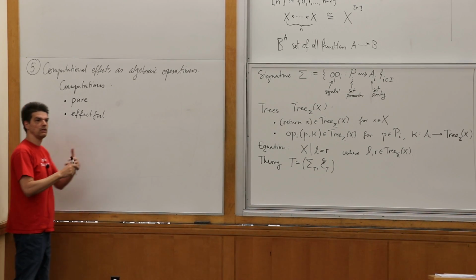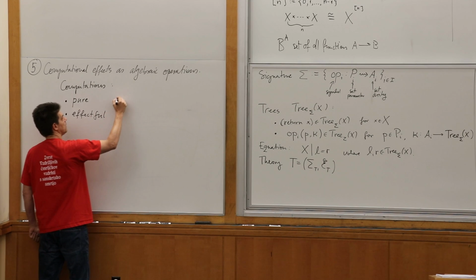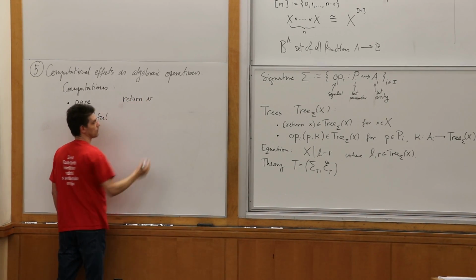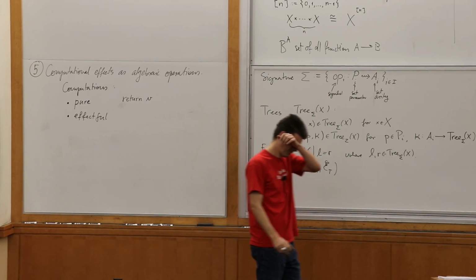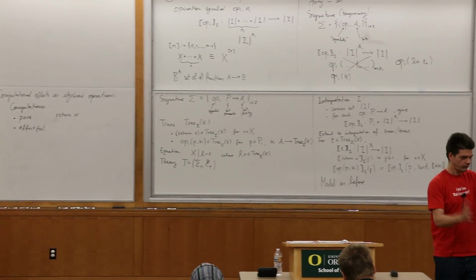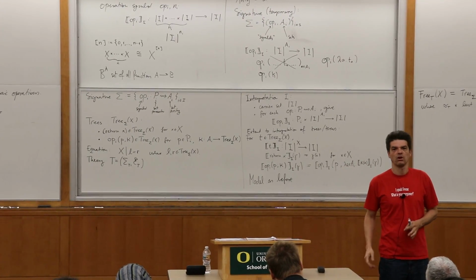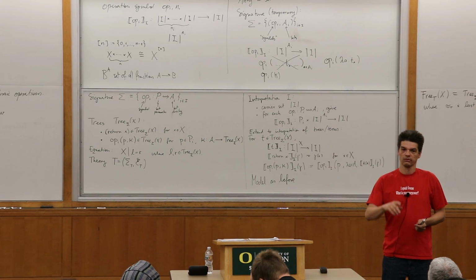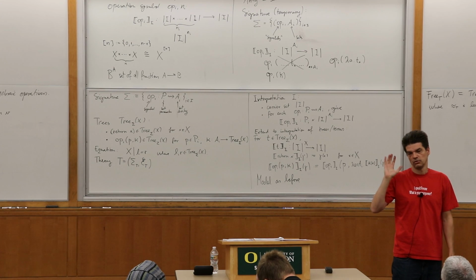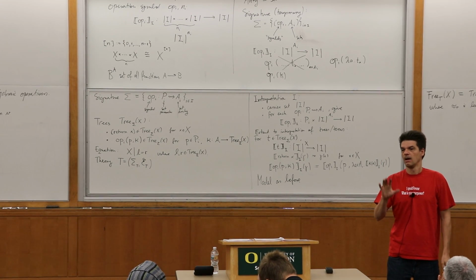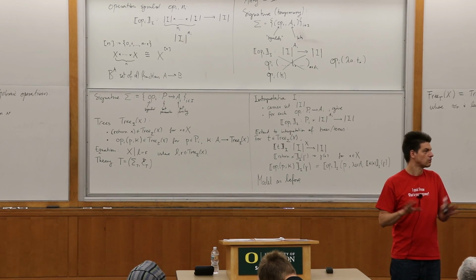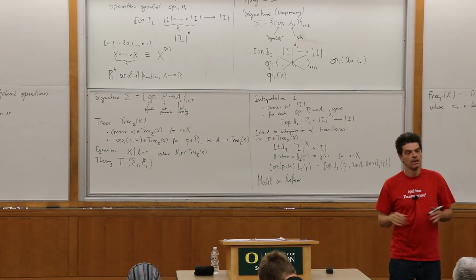And the canonical example of such a thing, we can write it like this: return V. Because if it's not doing anything, then I can just reduce it to its result whenever I like. Because if I have a piece of code that is not going to trigger any computational effects, it doesn't matter whether I calculate it now or later or once or twice. It's going to be the same.